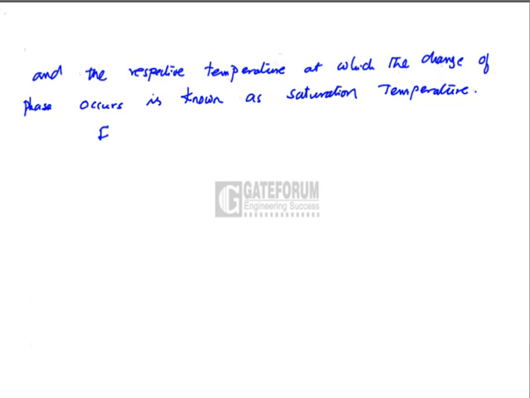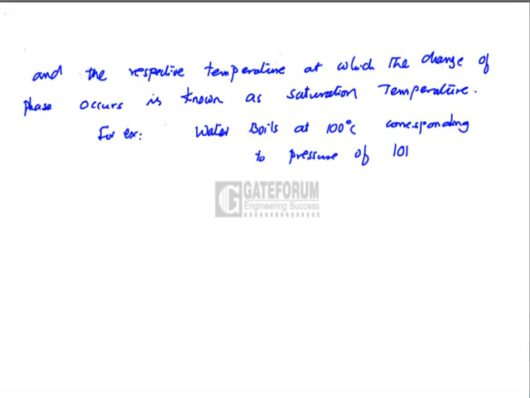For example, water boils at 100 degrees centigrade corresponding to a pressure of 101.3 kilopascal, that is, atmospheric pressure.